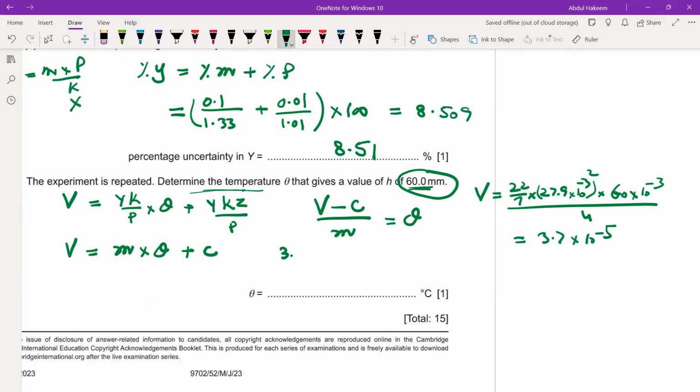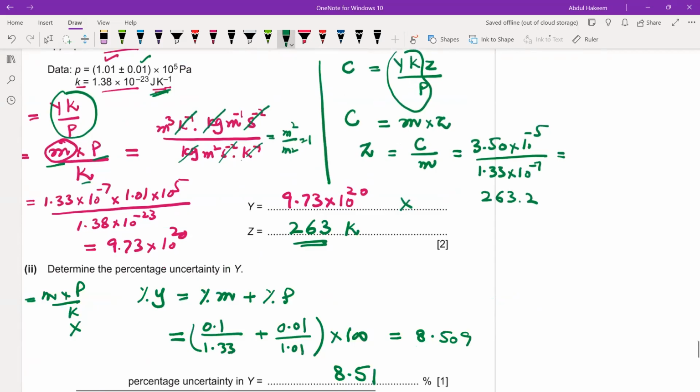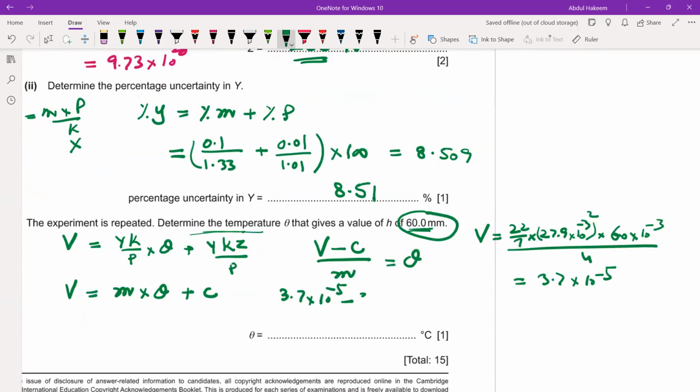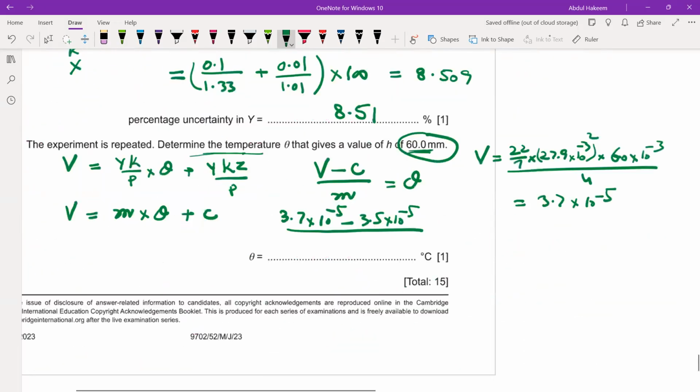So 3.7 into 10 power minus 5 minus the y-intercept value, which is 3.5 into 10 power minus 5, divided by your gradient, and the gradient was 1.33 into 10 power minus 7.